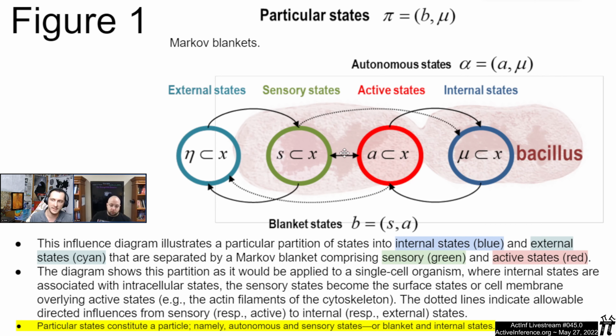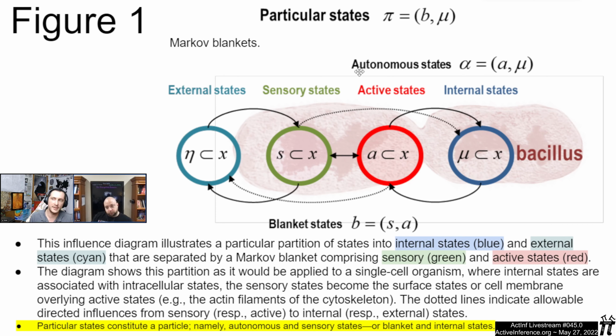So the blanket is the set of both S and A. The particular states, pi, not to be confused with pi, the policy selection in the POMDP, are B and mu. So the blanket and mu. So the particular states are internal, active, and sensory. Everything except for external. So the particle is like the cell, the boundary, and the internal generative model.